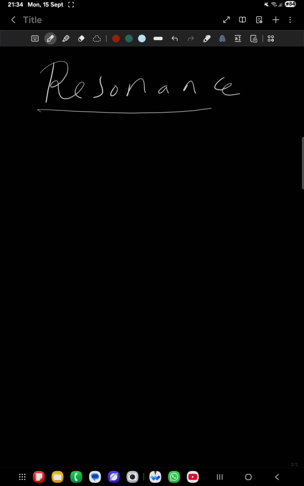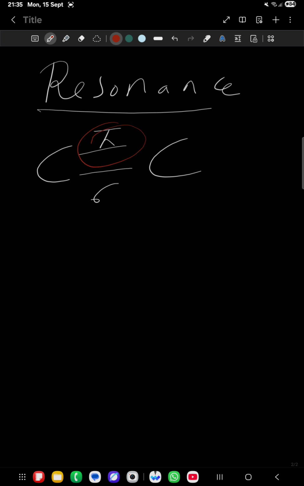So what is pi electron? Pi electron is formed when there is a double bond between two of the atoms. Suppose there is carbon and carbon atom, and when it forms a double bond between two of the atoms, one bond is sigma bond and another is pi bond. And delocalization of this particular bond is regarded as resonance.